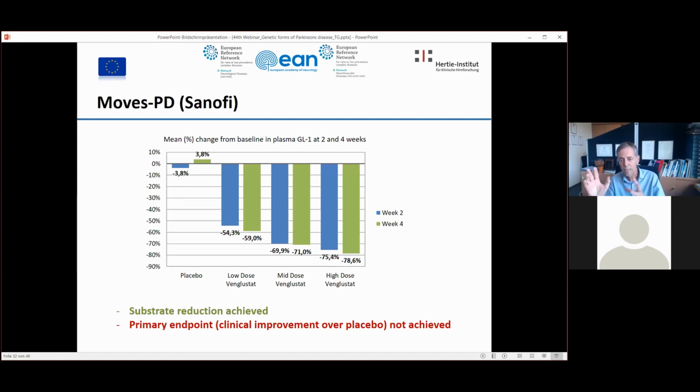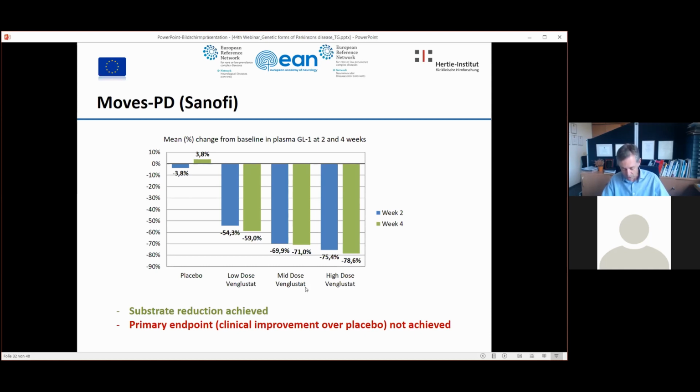So I've showed you 3 different types of monogenic disease forms of Parkinson's disease that have been addressed by trials of targeted treatments: the mitochondrial form with Parkin mutations, the LRRK2 form with a LRRK2 kinase inhibitor, and this GBA-related form by substrate reduction.